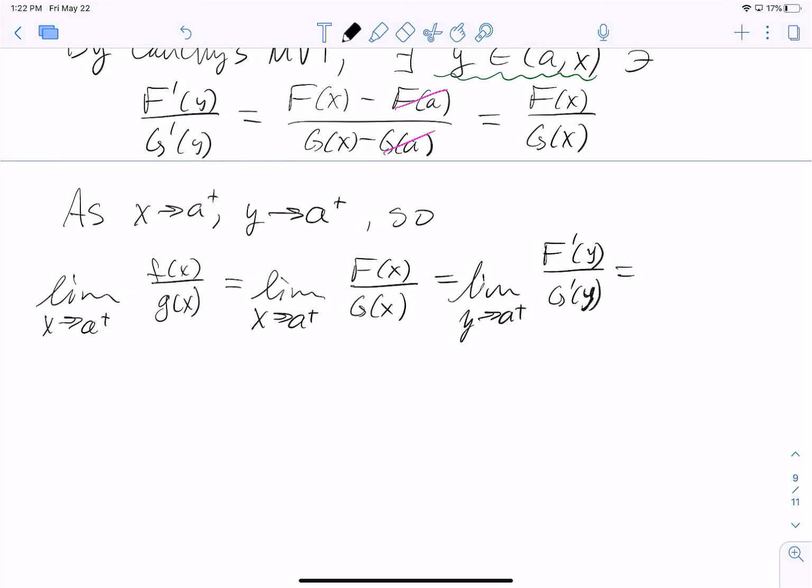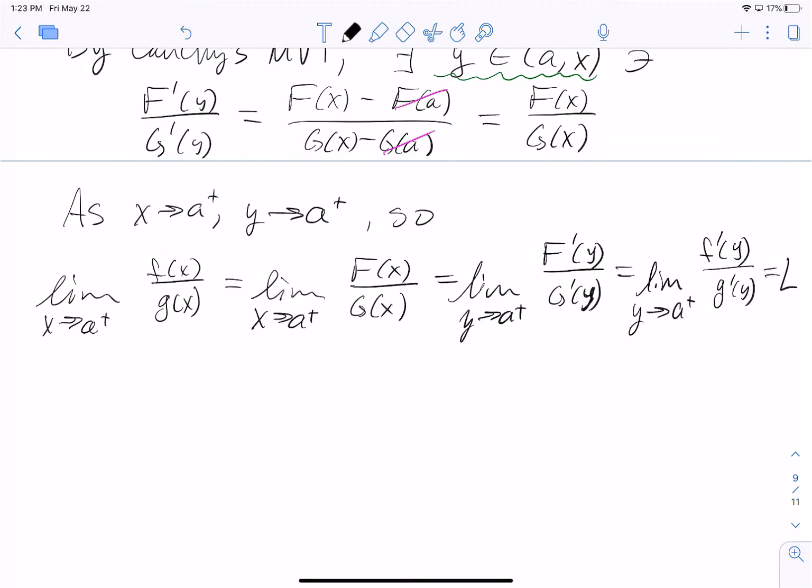And since those derivatives are equal to their lowercase counterparts, this is also equal to the limit as y approaches a from the positive side of lowercase f prime of y divided by lowercase g prime of y.